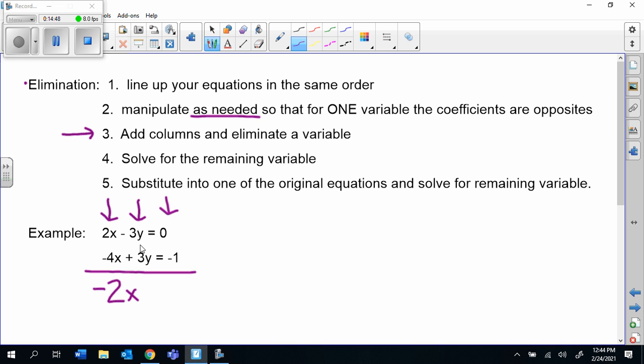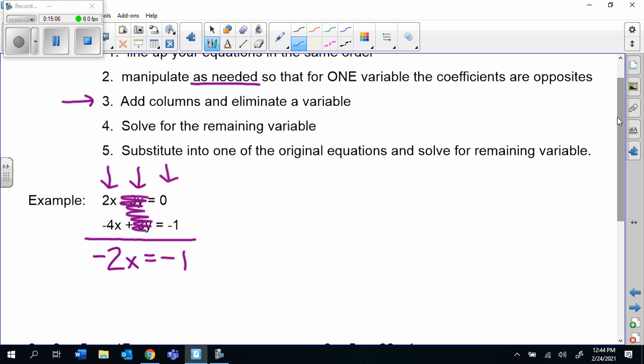Negative 3y plus 3y is nothing. That drops out completely. 0 take away 1 is -1. One of my variables went away. Solve. Because now we can solve it, because we only have one letter showing.